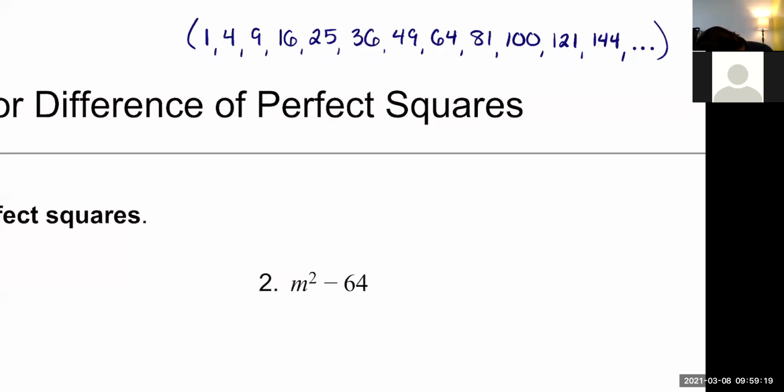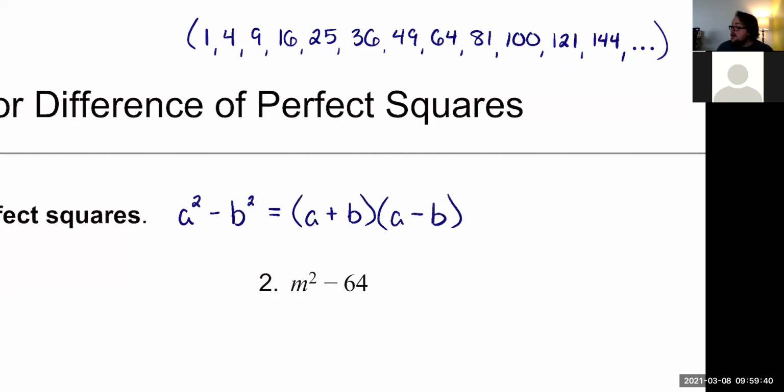The difference of perfect squares says that if you have an item being squared minus a second item being squared, that will immediately factor into two binomials: the first thing plus the second thing, times the first thing minus the second thing. So what it all boils down to is you need to figure out what is being squared to make that term.